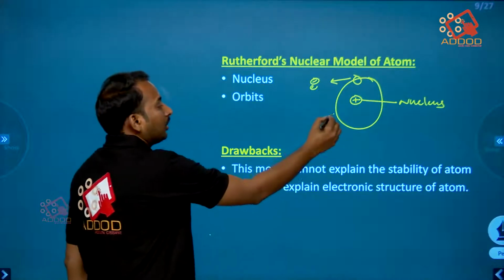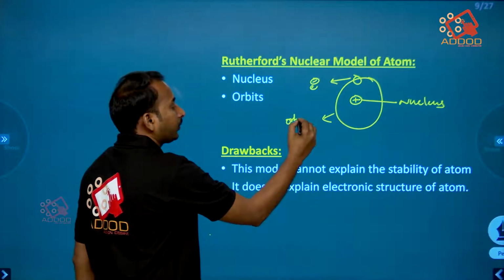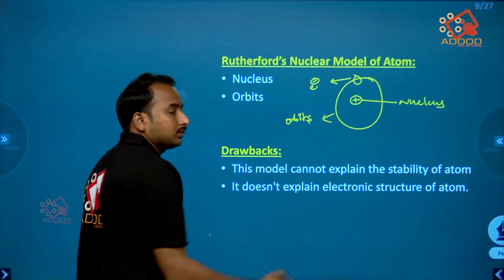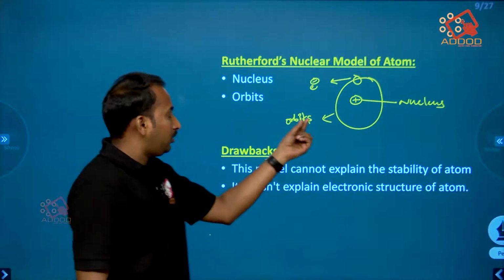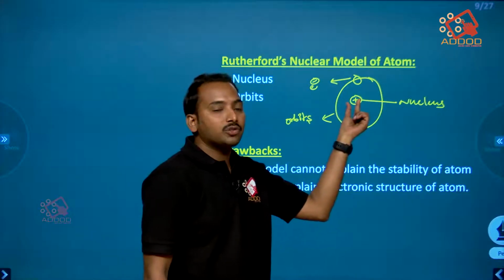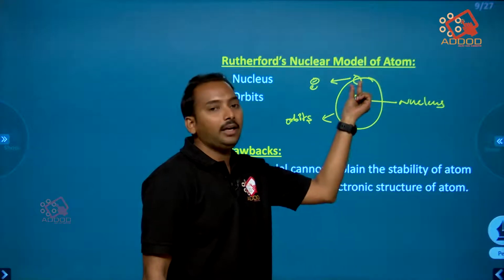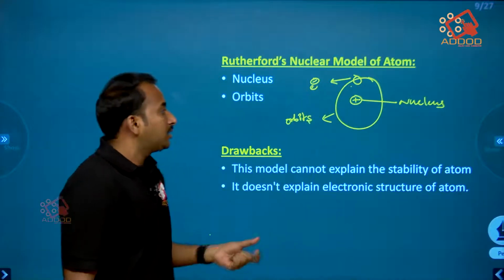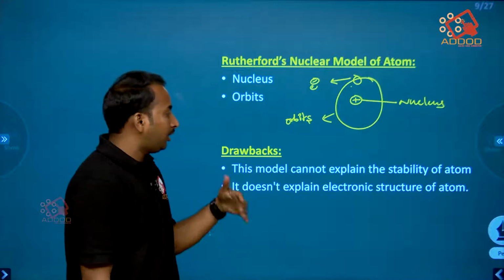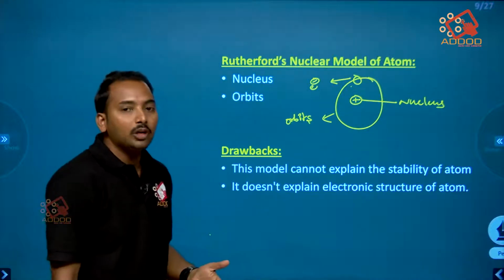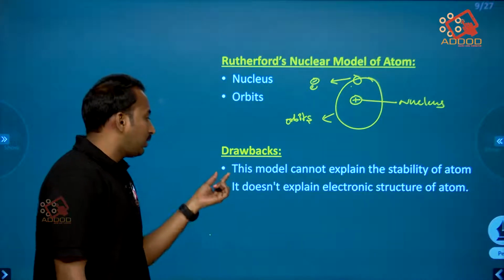These circular paths are called orbits. There is a strong electrostatic force of attraction between the nucleus and the electrons, which gives stability to the atom.